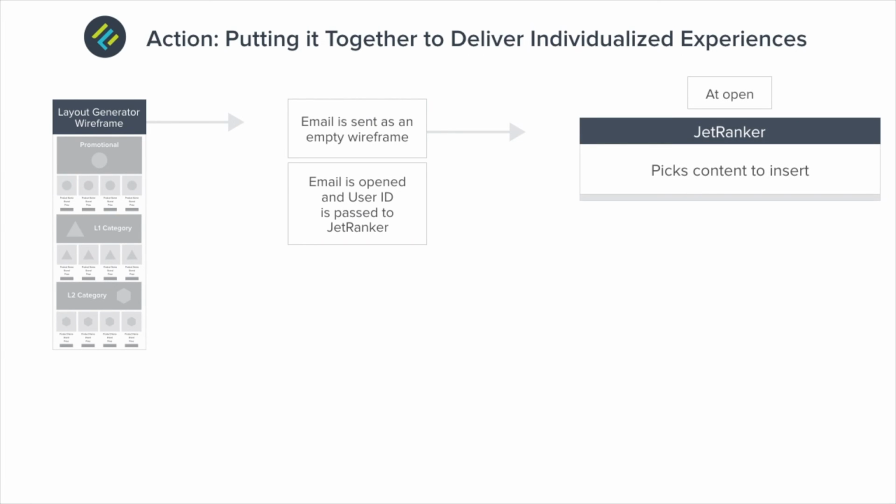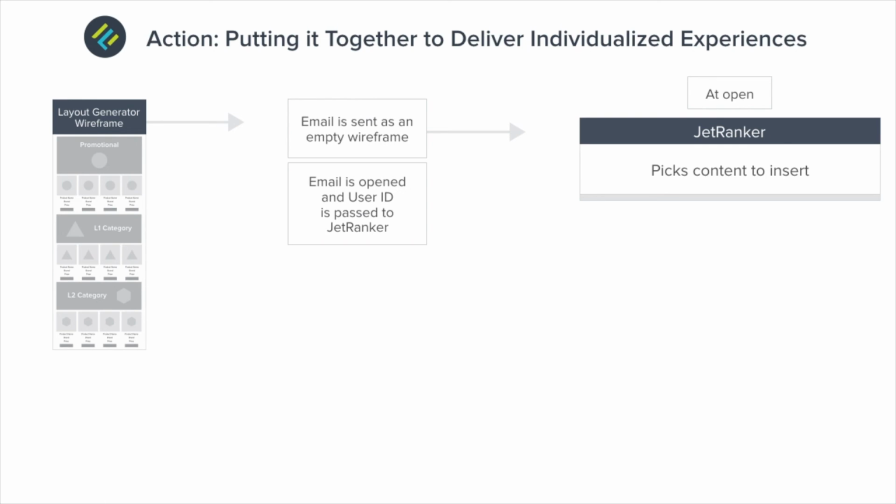When it is opened, the user ID is passed to JetRanker, which is our ranking tool. At open time, JetRanker does the ranking solution that I talked about. It sifts through all your content, algorithmically. It's a big data problem. It's using AI. It's using all kinds of algorithms. It picks the content to insert.